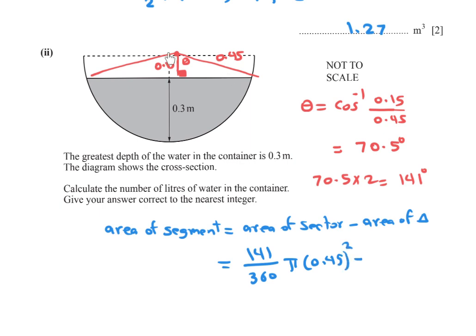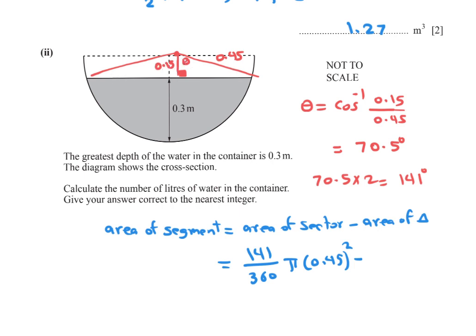How to find the area of this triangle? We have this side 0.45 and this side 0.45, and the angle between them is 141. So we have two sides and the included angle.